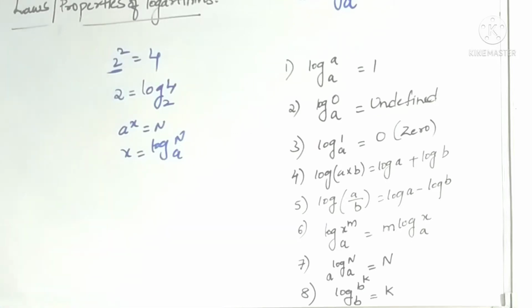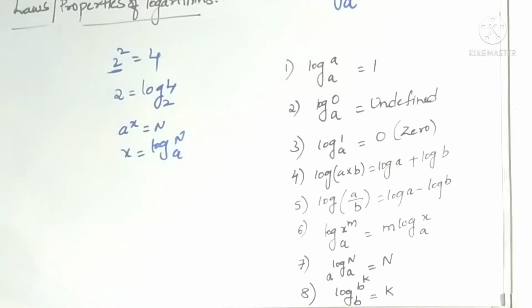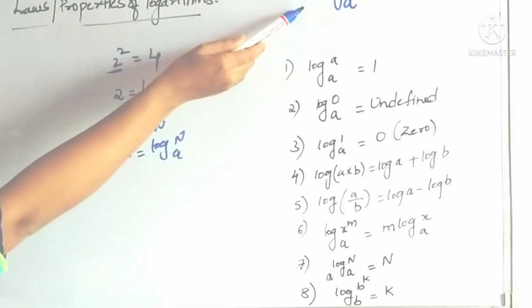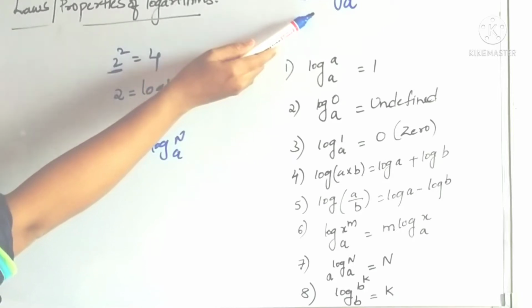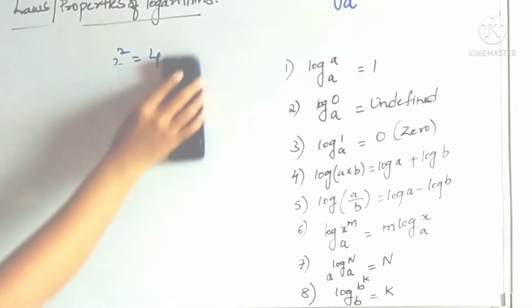Okay, so if we raise a to x times, we get n. That is the meaning. So if a power x is equal to n, then what is the logarithmic form? X is equal to log n base a. So this is the first one we should remember very well in logarithms.